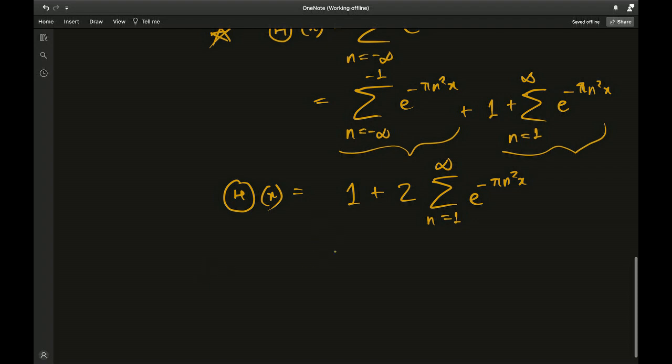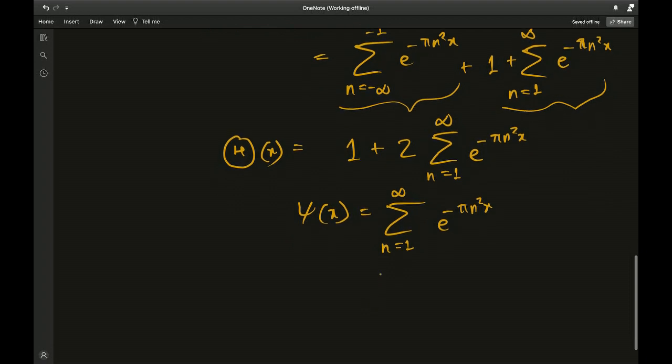Now just for some convenience, I'm going to call this sum psi of x. So psi of x is the sum from n equals 1 to infinity e to the negative pi n squared x. So that means the Jacobi theta of x is just 1 plus 2 times psi of x.